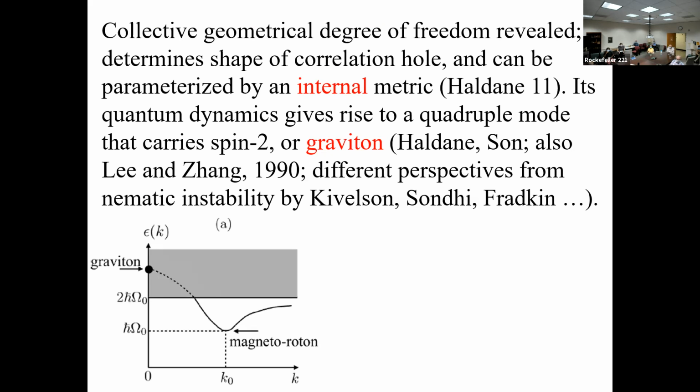What's the relation between this graviton that I'm talking about now and the magnetoroton? It has been argued, as already mentioned, that the quantum dynamics of this metric should give rise to a spin-2 excitation called the graviton. How is that related to the magnetoroton that people have been talking about over the years?